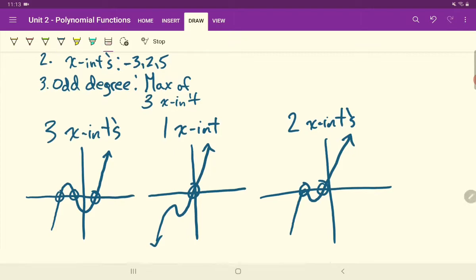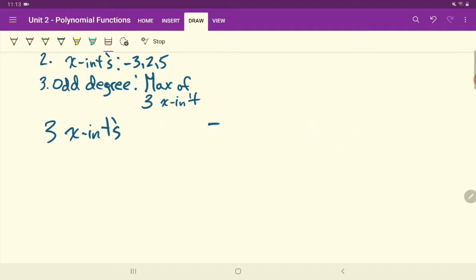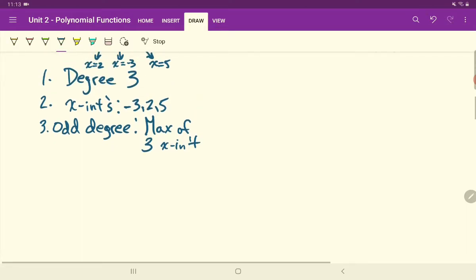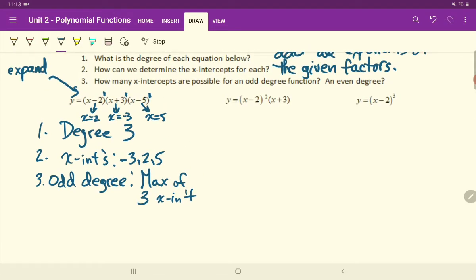Now, if I go back and use this space here to draw an even degree function, let's see how much is possible for that. By the way, there's a max of 3 x-intercepts for this particular equation because it's a degree 3.